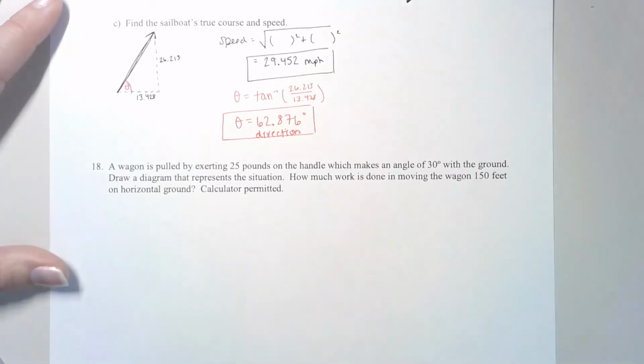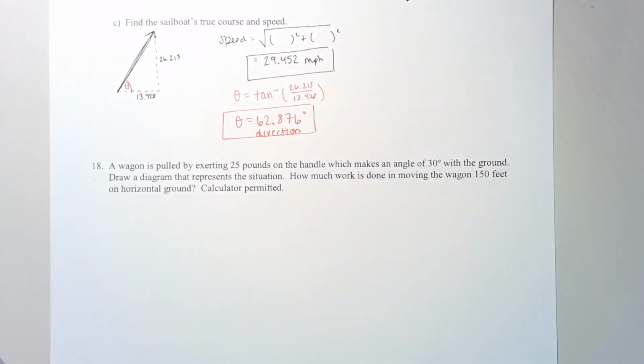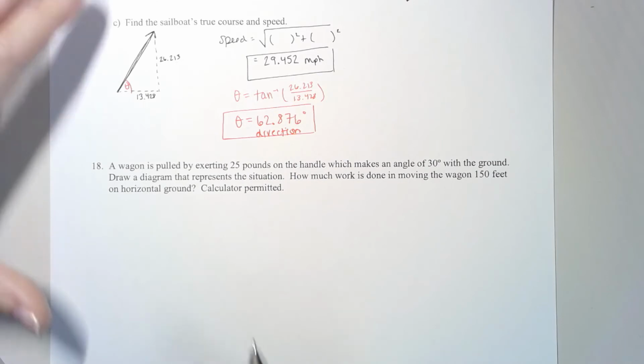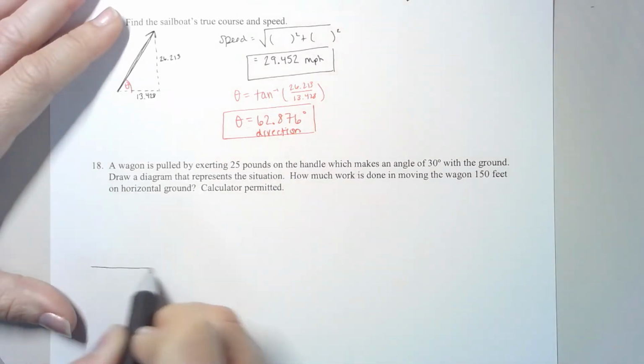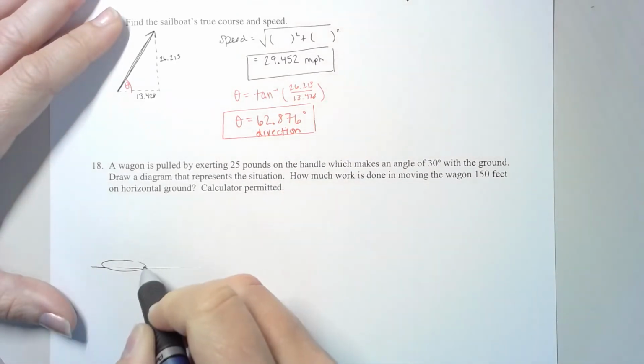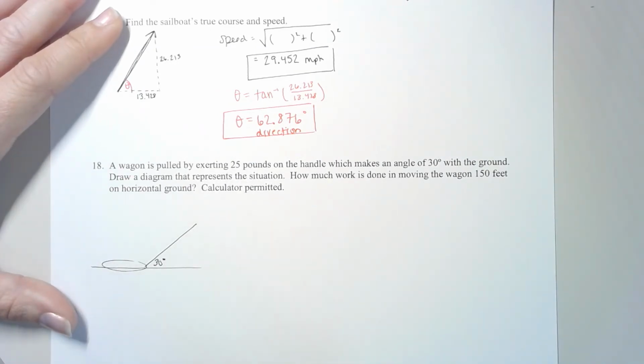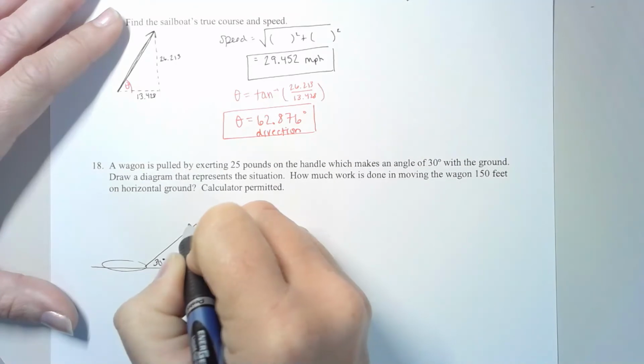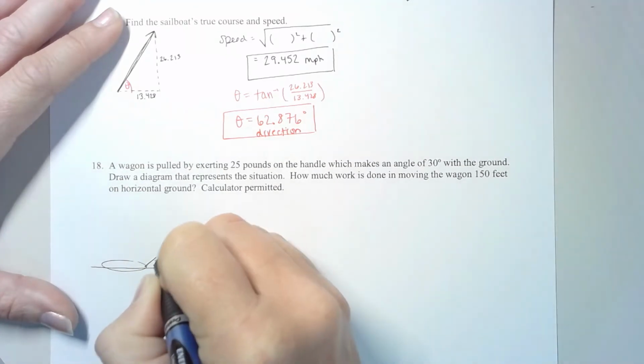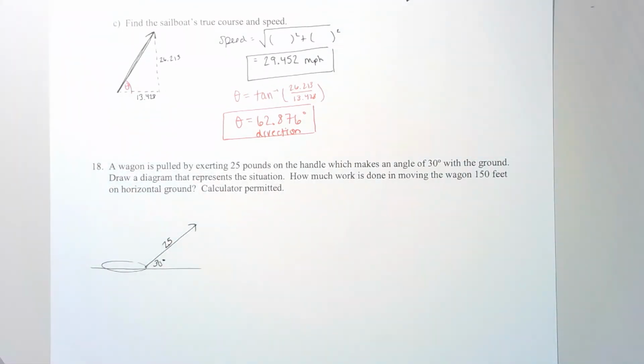All right, last one. It says a wagon is pulled by exerting 25 pounds on the handle, which makes an angle of 30 degrees with the ground. Okay, so we've got the ground, wagon, handle, 30 degrees. The force pulling on that wagon, 25 pounds.